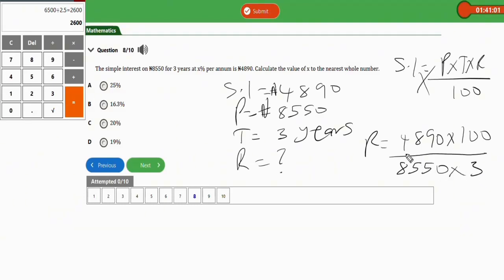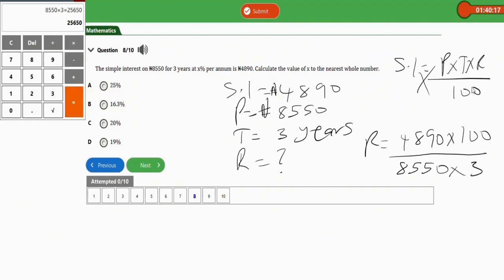So let's punch everything together on the calculator. 4,890 naira times 100 gives us 489,000 naira. We're going to divide it by what we have here: 8,550 naira times 3.